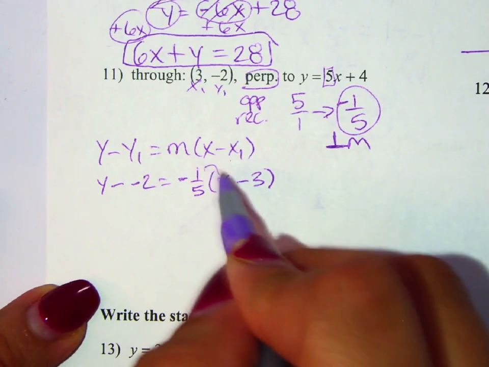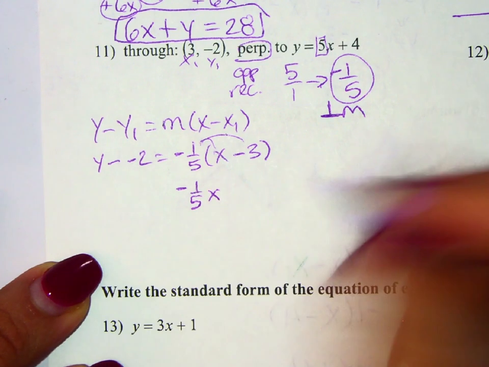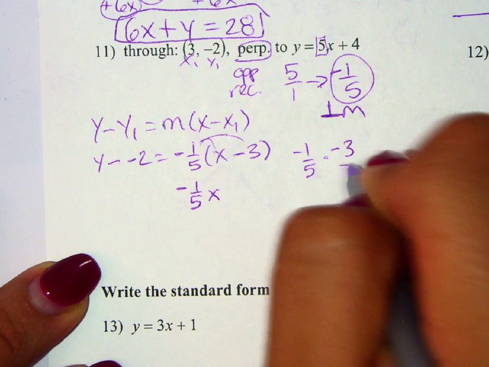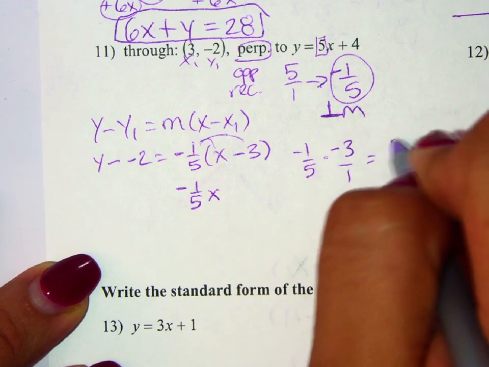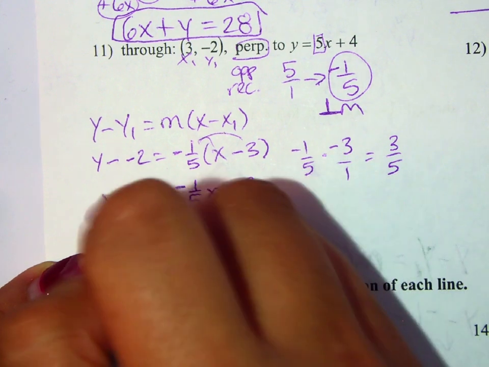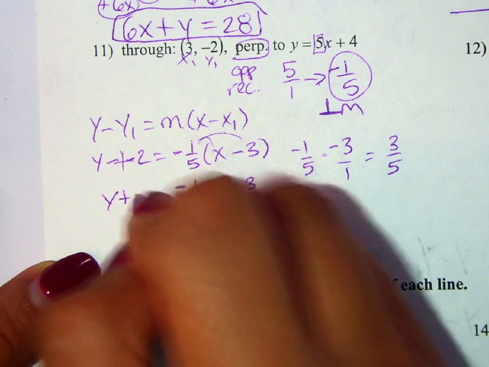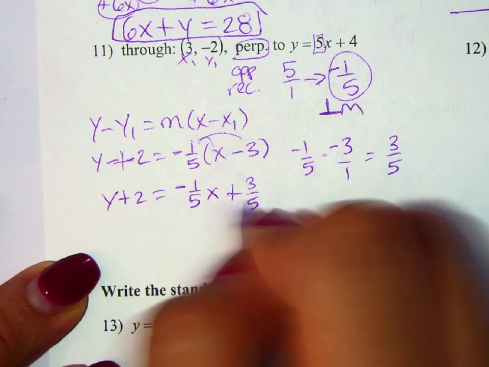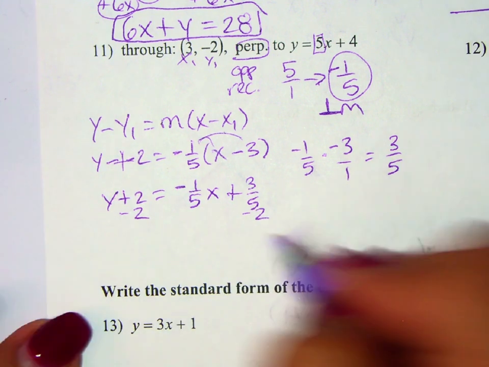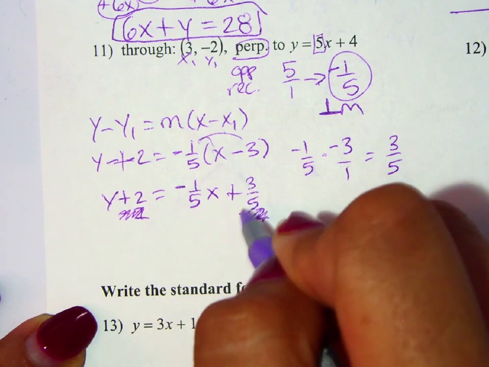We're going to distribute the negative 1/5 in, so we're going to have negative 1/5 x, and negative 1/5 times negative 3 is going to give you positive 3/5. And y minus negative 2 gives you positive 2. To move that around, we're going to subtract 2 from both sides. But before we do that, let's cancel the fraction just to be able to work with pretty numbers.